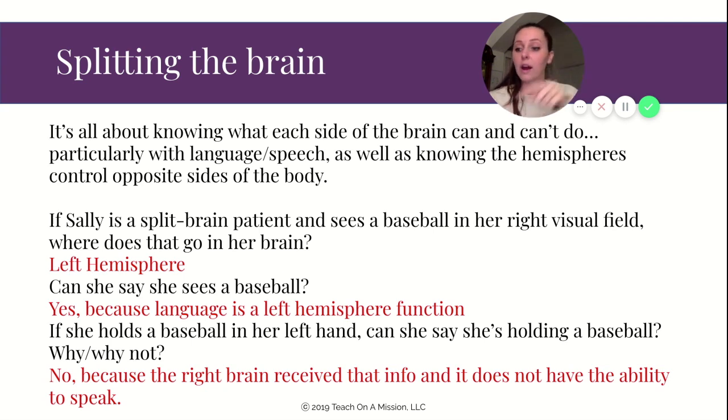It'll be aware that there's a baseball in her hand because of the spatial awareness and the geometry that the right hemisphere picks up on, but she can't say it because she doesn't have any neurons to take that information from the right hemisphere to the left hemisphere, because her corpus callosum is cut. So she could potentially hold a baseball in her left hand and not be able to tell anyone that she has a baseball in her left hand, because language is in the left hemisphere. Crazy. Think about it.